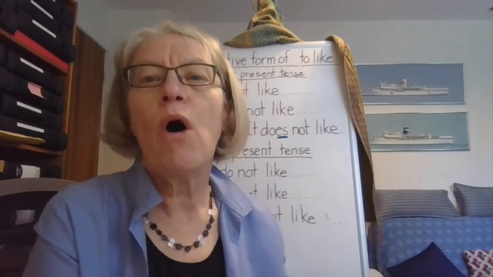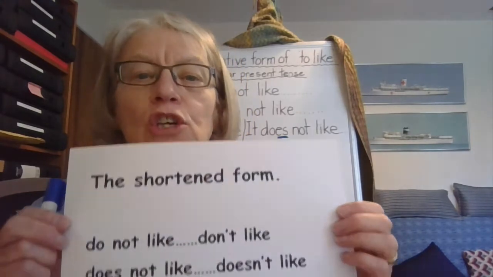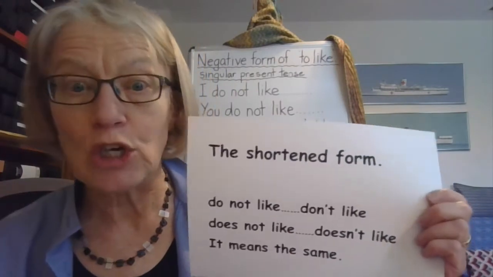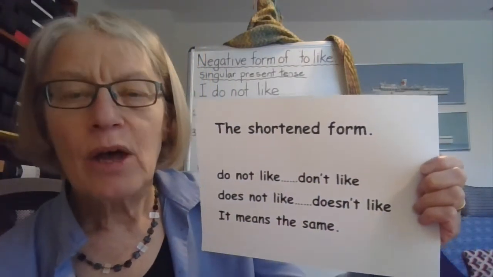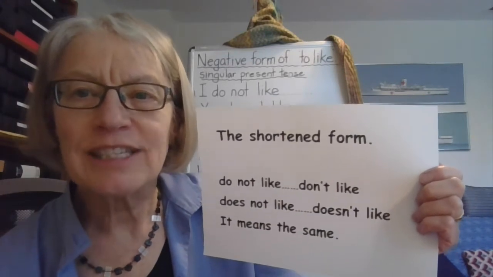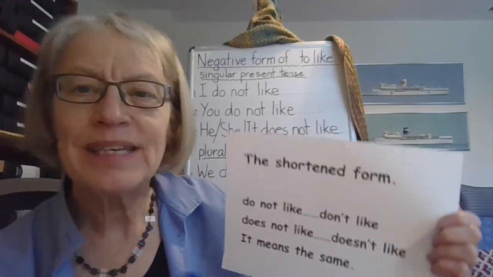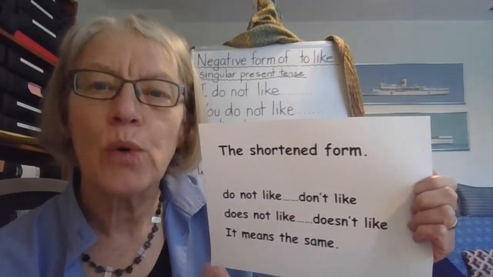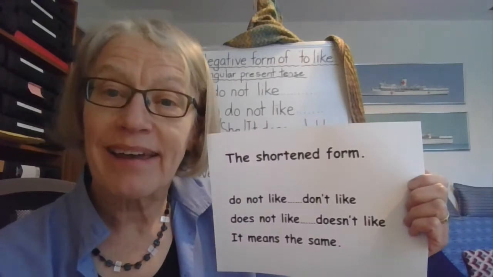Now we're going to go on to do the shortened form of do not. So when we talk, we often do not say I do not like. We say something shorter and quicker. We say, I don't like.